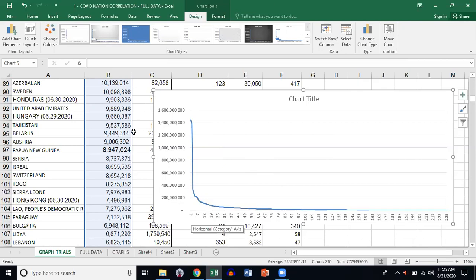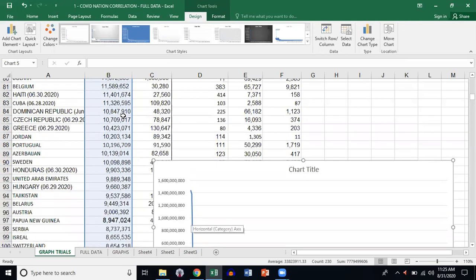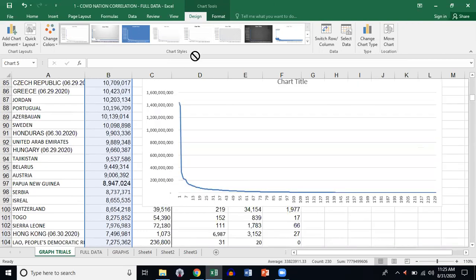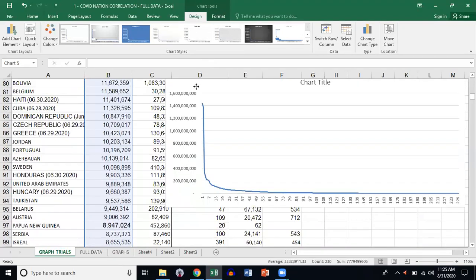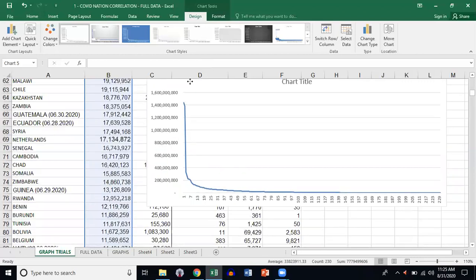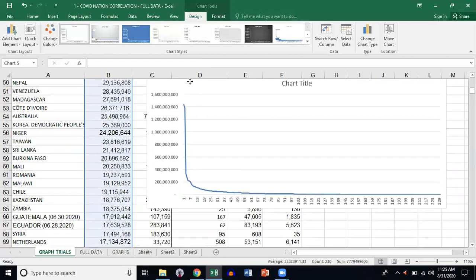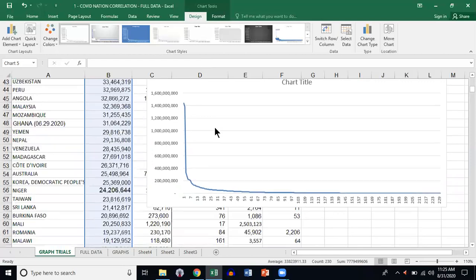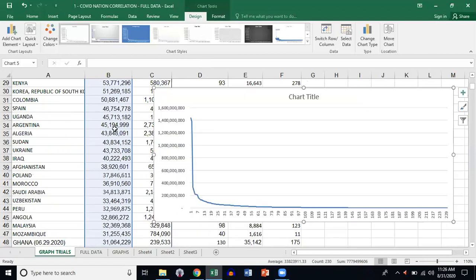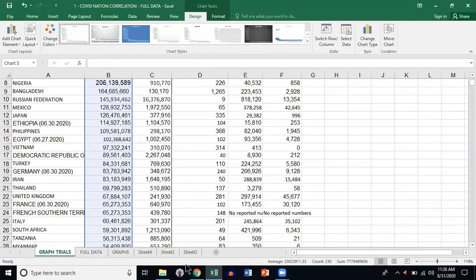First, most dense or largest population, what's the ranking here? The ranking here is the most populated country to the least populated country, right? That's the ranking. So what this is doing is bringing this graph up to the highest values here.